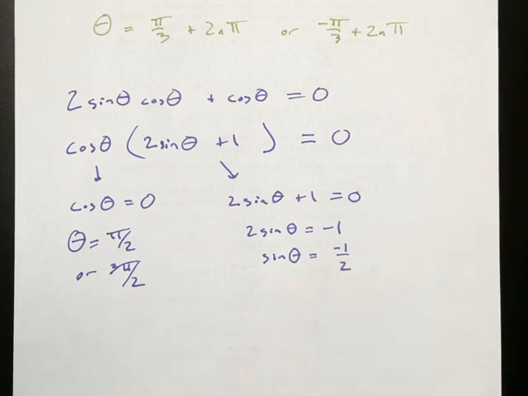What about over here? My sign is negative. Which quadrant am I in? Three and 4.